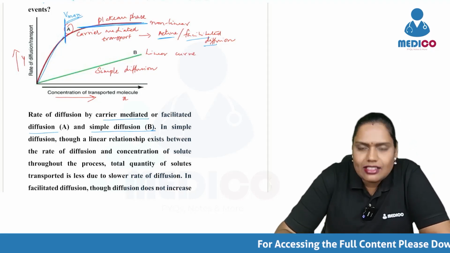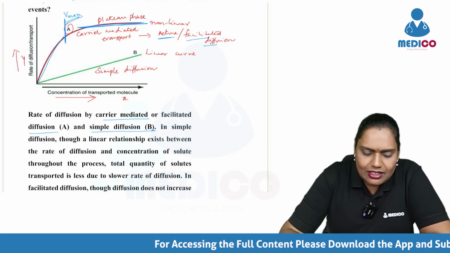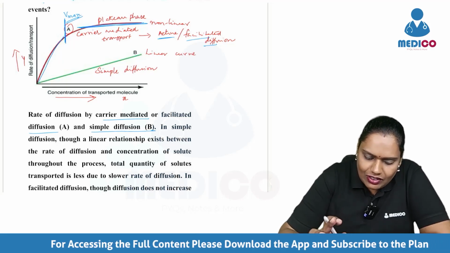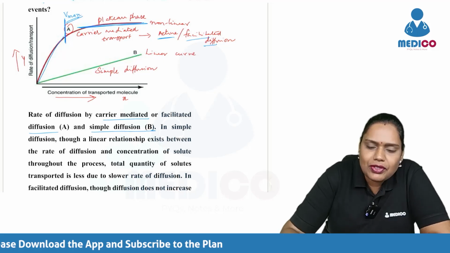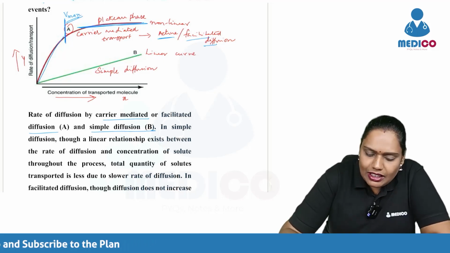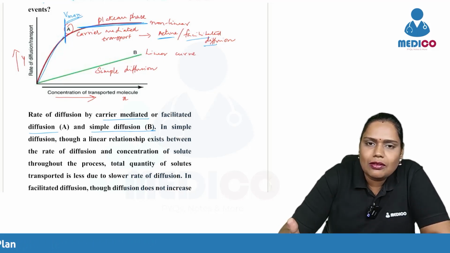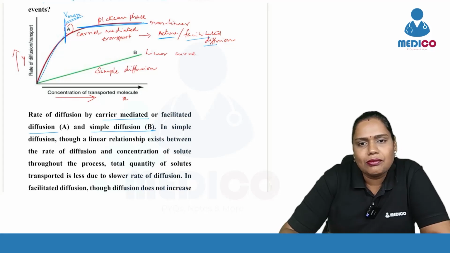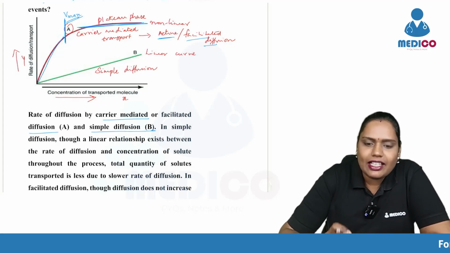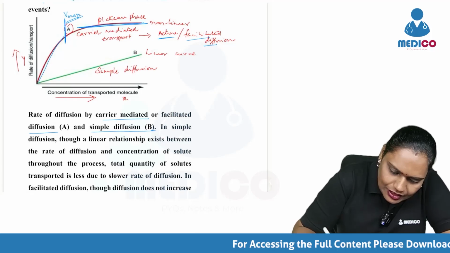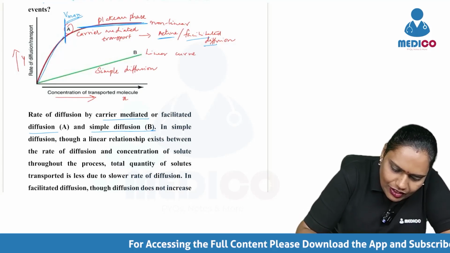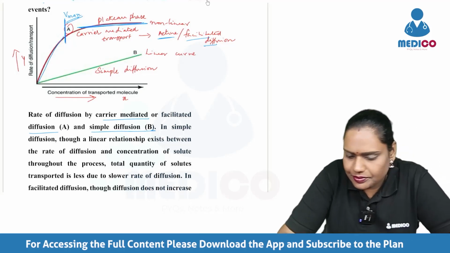Another characteristic feature you can find from this graph: at any given point, though simple diffusion has a linear relationship, the amount of molecule transported is much less compared to a carrier mediated transport. Look at trace B. Let's draw a graph here.